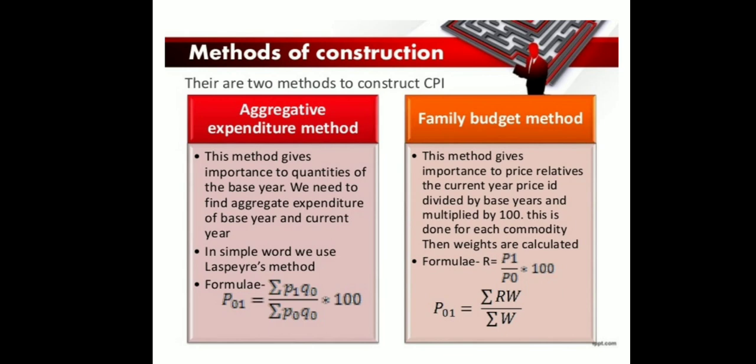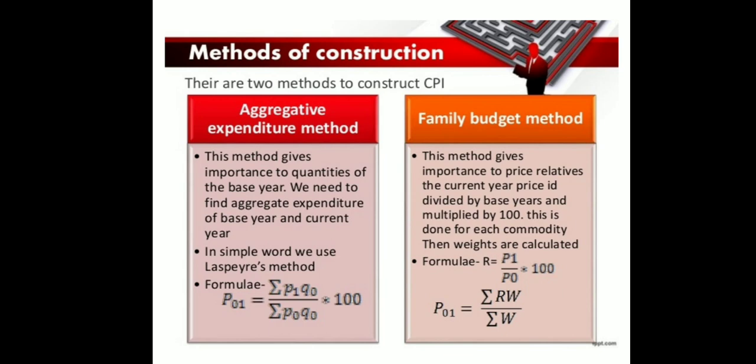Different classes of people consume different types of commodities, and even the same commodities are not consumed in the same quantities. Suppose you spend 10 kg per month, while a neighbour's family of the same size may spend about 5 kg and use more jaggery.